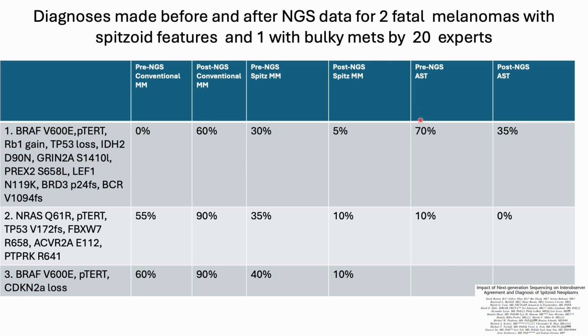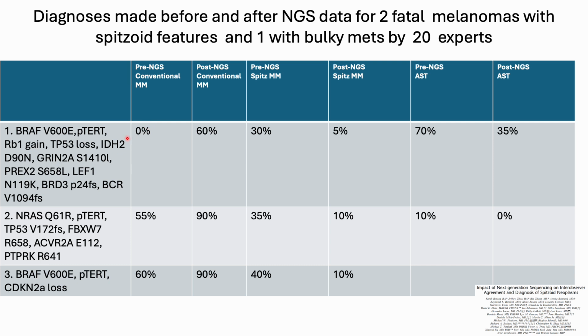And I guess the most important numbers in this table are over on the left here. So pre-NGS, 70% of the experts for this case, which was the first one that I showed you above, diagnosed atypical Spitz tumour. When they were informed of the NGS data, this number dropped to 35.